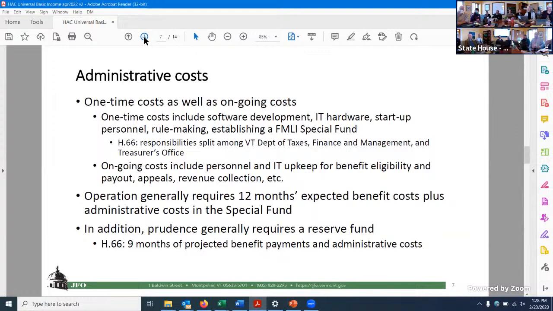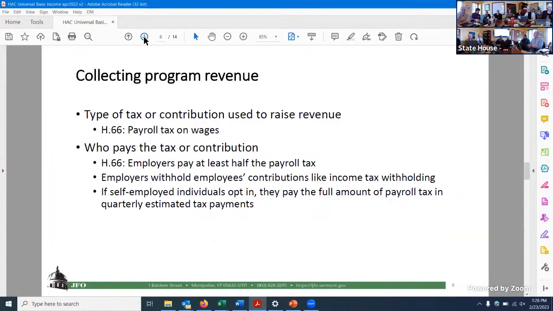You want to talk about collecting? Sure. So what's typically done in other states and what is included in H66 is to apply a payroll tax. In this instance, we have done some preliminary estimates of what that rate may be, which is applied to wages for employees.